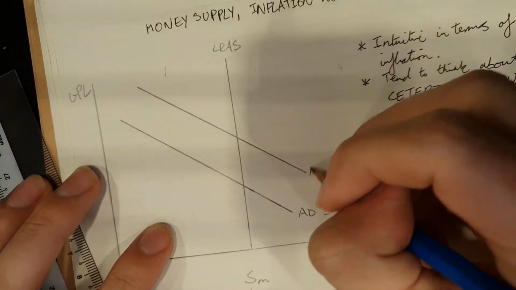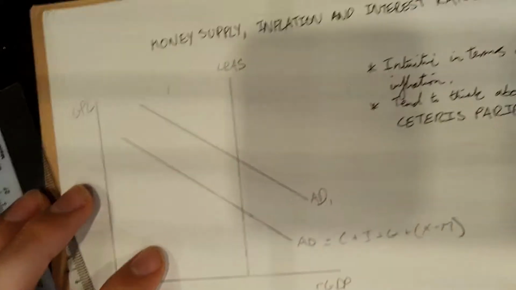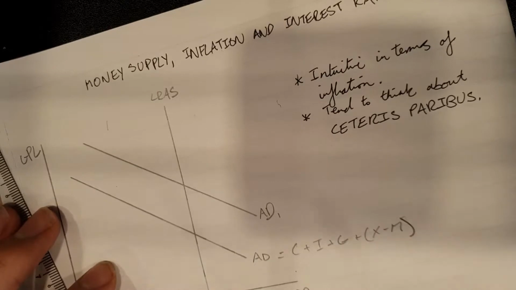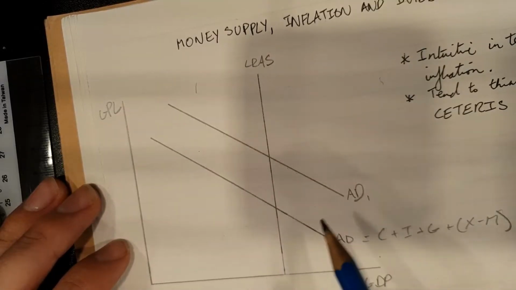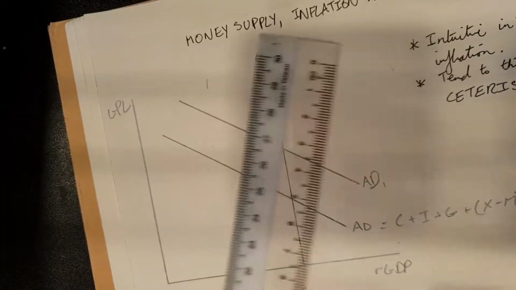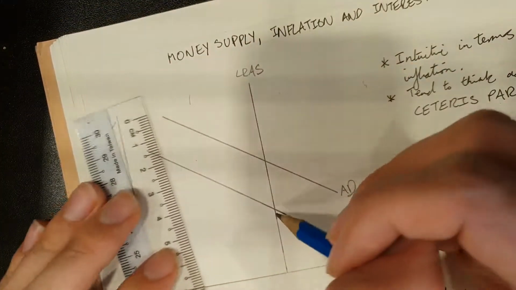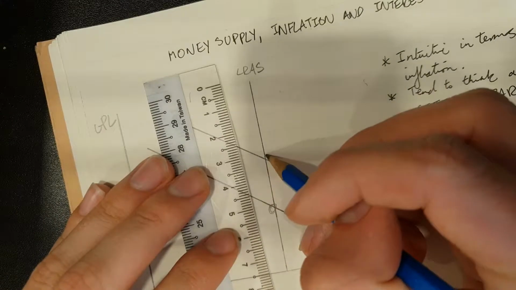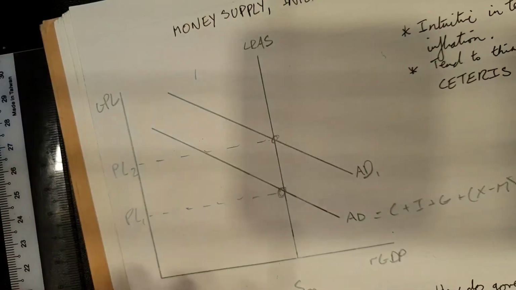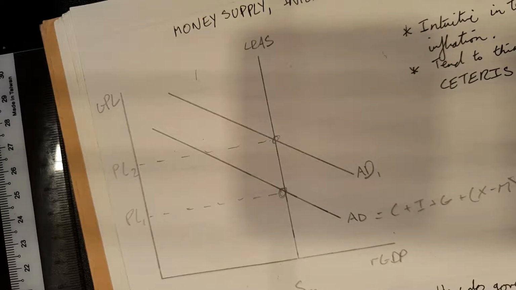Because of how we think about economic theories, we tend to think about ceteris paribus, which means all other things being equal, which means our GDP growth, our output, did not increase. And what you have here is a shift in the equilibrium from this point to this point. So if I draw the lines across, let's think about our definition of inflation, a general and sustained increase in the price of goods.